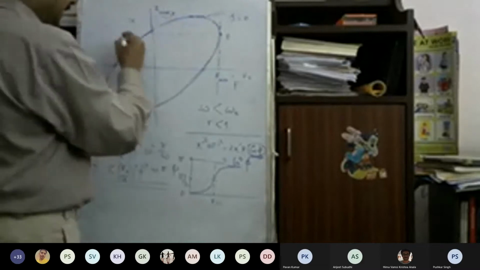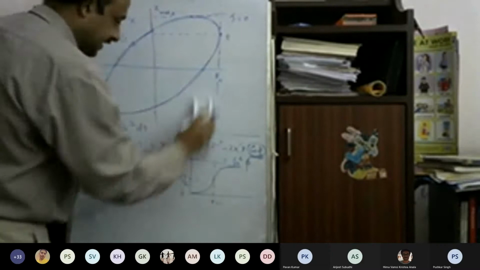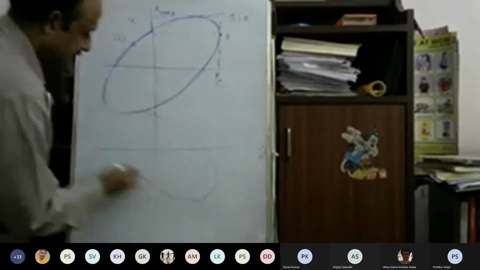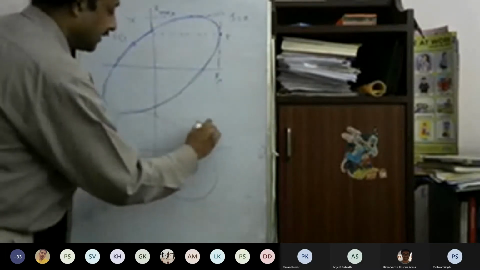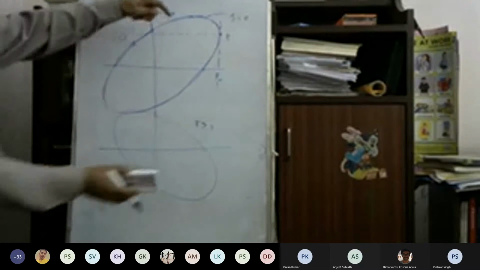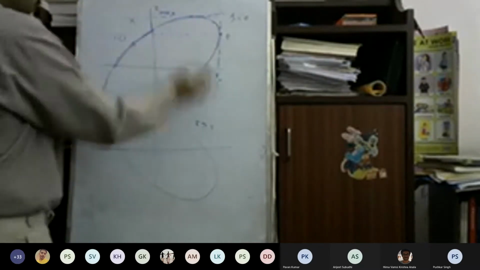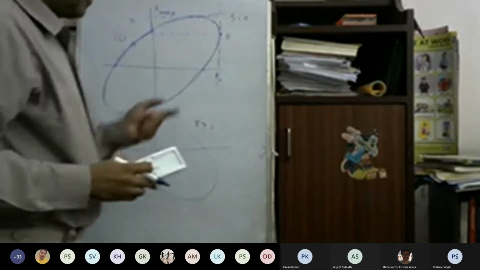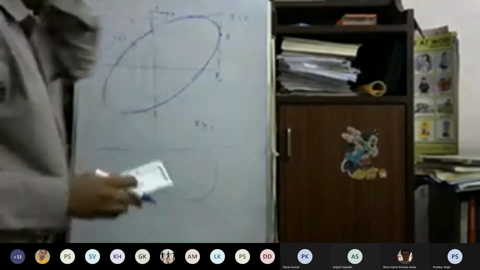Suppose this is the curve which is obtained when r is less than 1. What will happen when r is greater than 1 is that the curve will be flipped from this first quadrant to the other quadrant. So what is happening to the response?